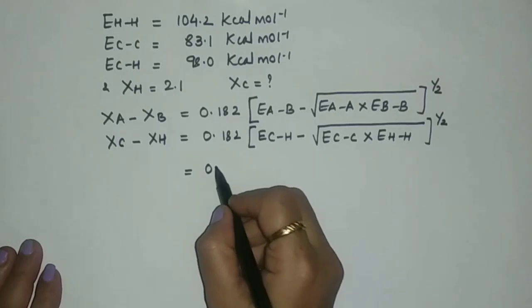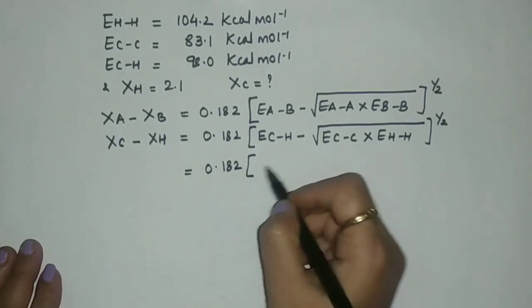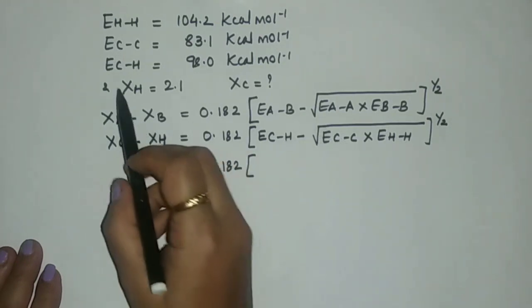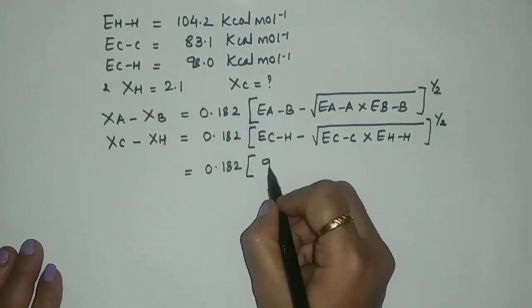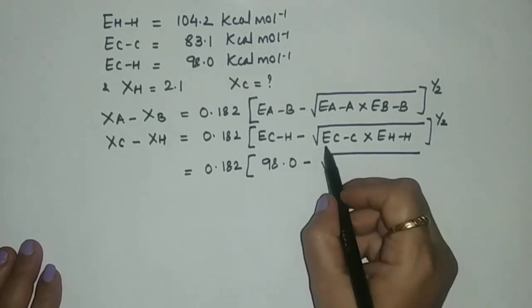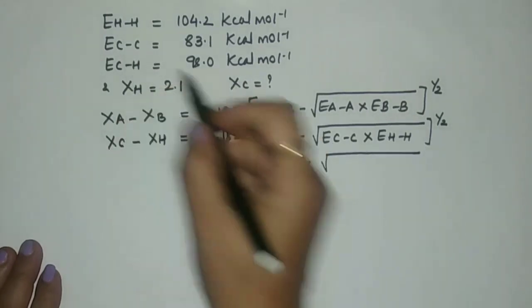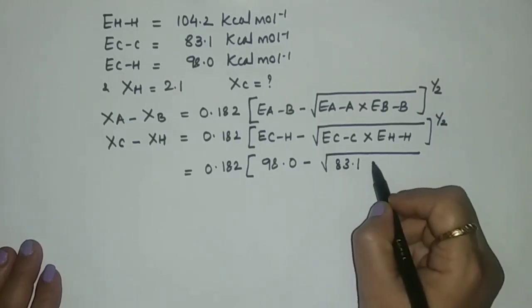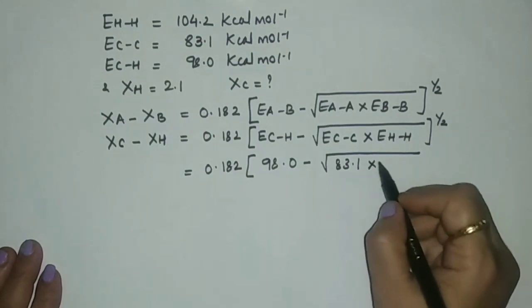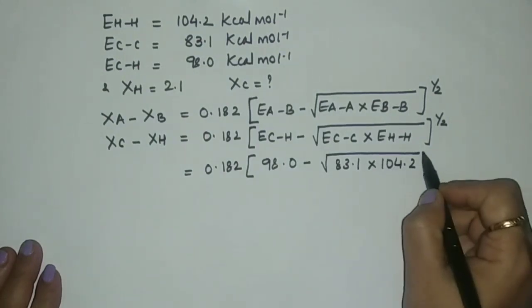So 0.182, in brackets, we substitute the value of dissociation energy of carbon-hydrogen, that is 98.0, minus the square root of bond dissociation energy of carbon, 83.1, multiplied by dissociation energy of hydrogen, 104.2, raised to 1 by 2.